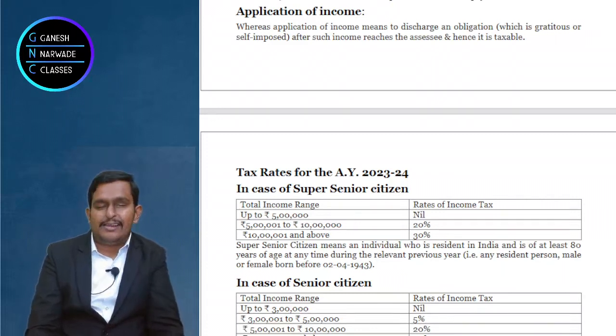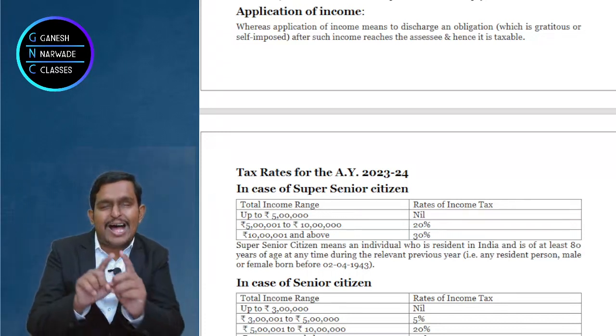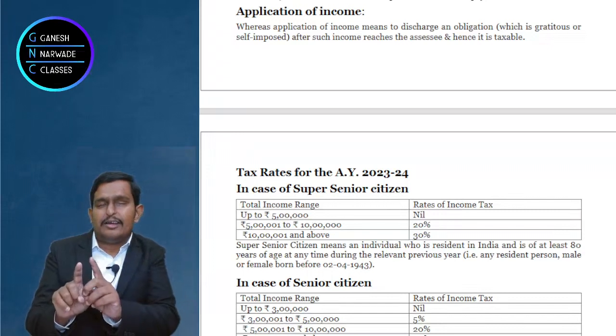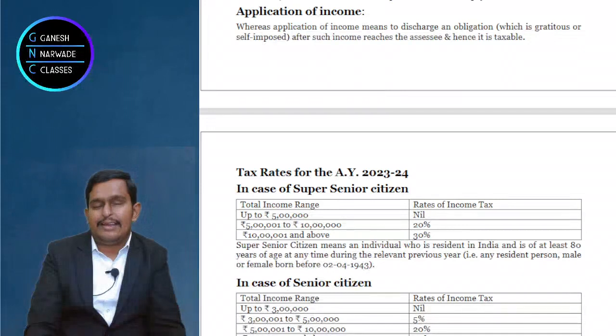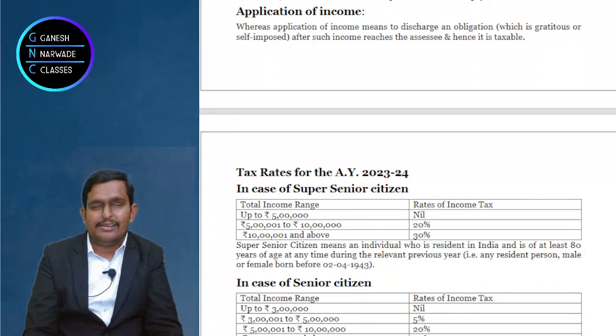The answer is he should pay tax only on the 1000 crores, because the balance amount he just received on behalf of the other two authors, Ram and Krishna. And it was a pre-existing agreement between Adarsh, Ram and Krishna.